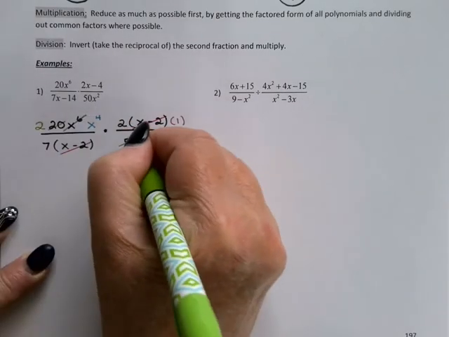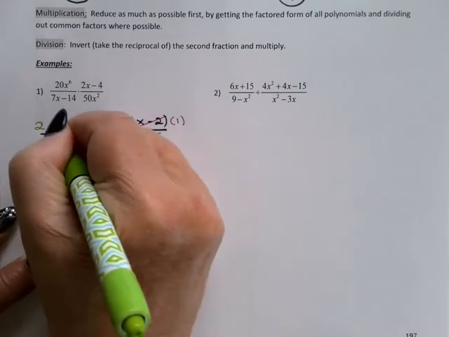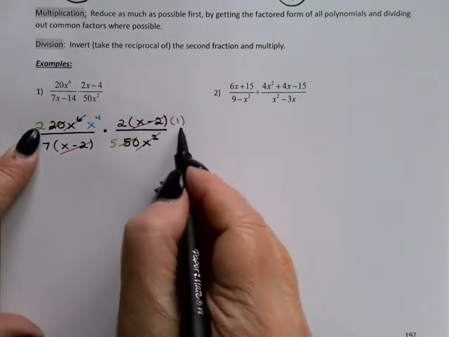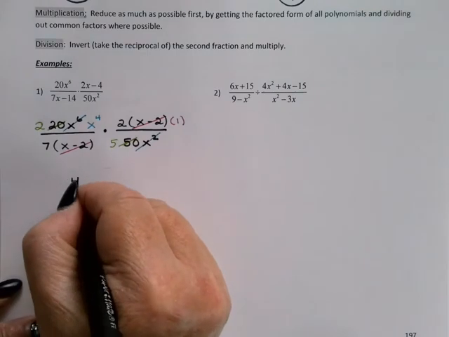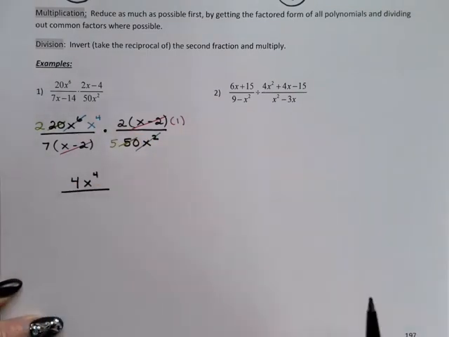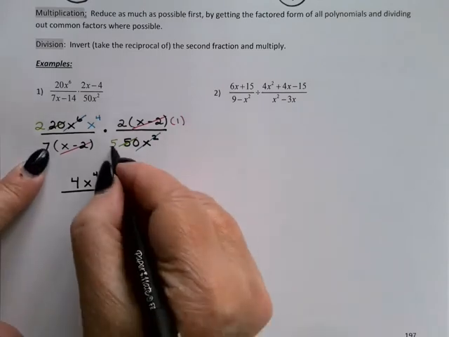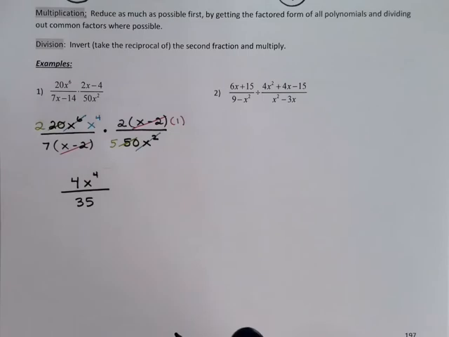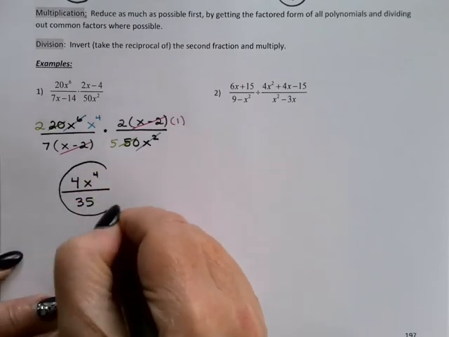Would make that a 2 and make that a 5. So, when all is said and done, on the top, 2 times 2 times 1 is 4, and I still have that x to the 4th. On the bottom, 7 times 5 is 35, and everything else has already been divided out. So I'm done.